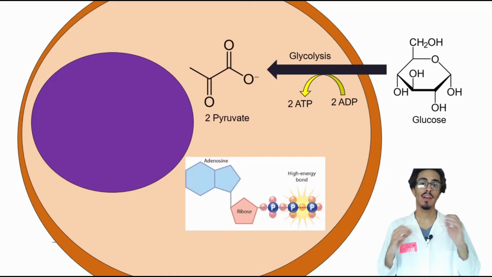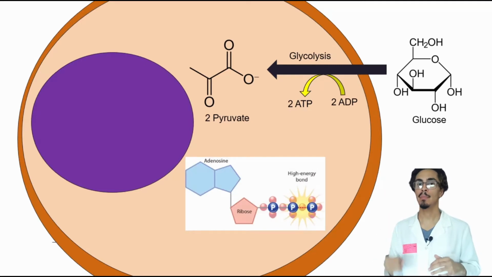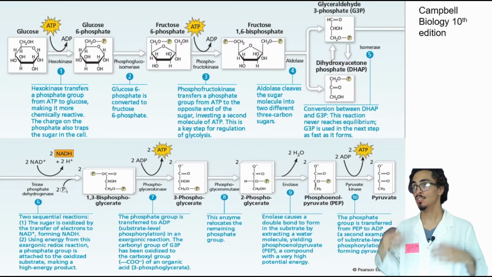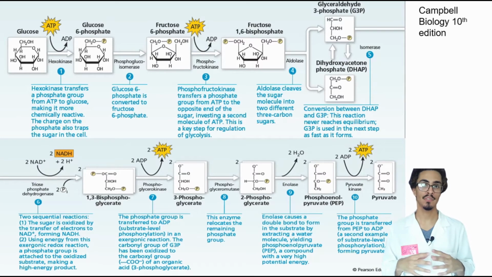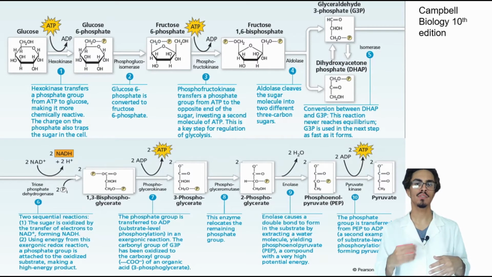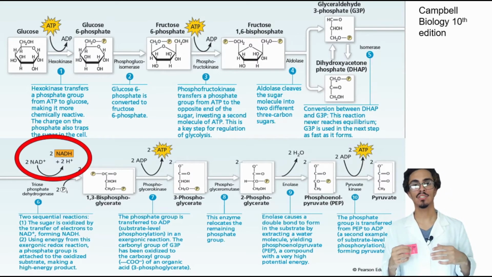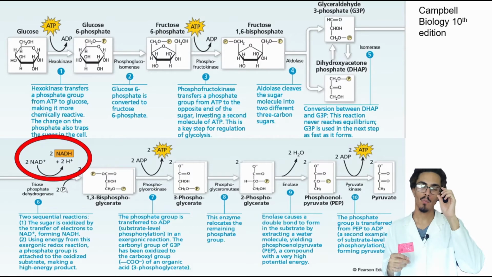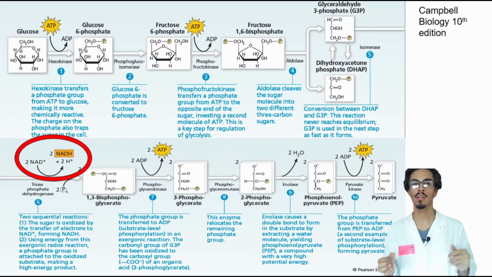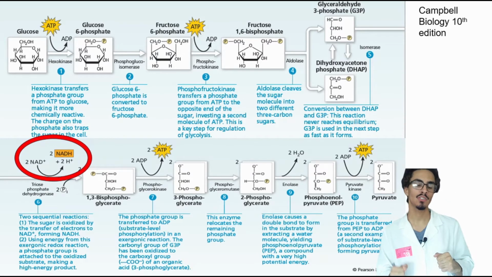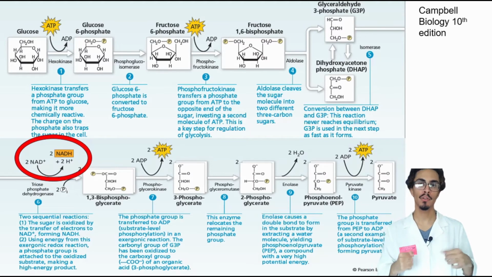However, it's a very complex, multi-step chemical reaction. Here's a diagram of the entire process of glycolysis, but I won't bore you with the details. I do, however, want you to focus on this one molecule, NAD+. NAD+ is actually an oxidizing agent. What that means is it's a chemical that really wants electrons, so it's going to pull electrons from other molecules for itself.